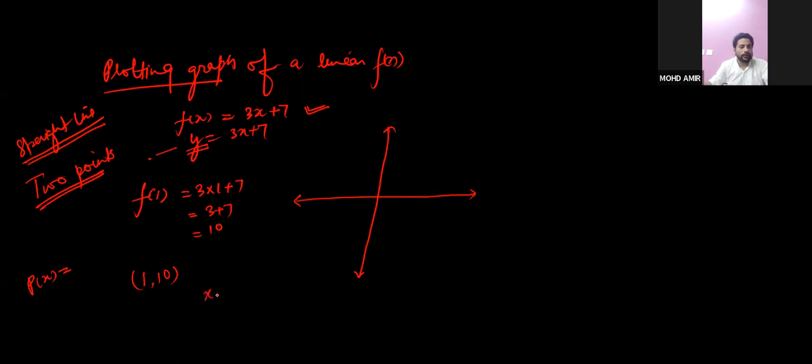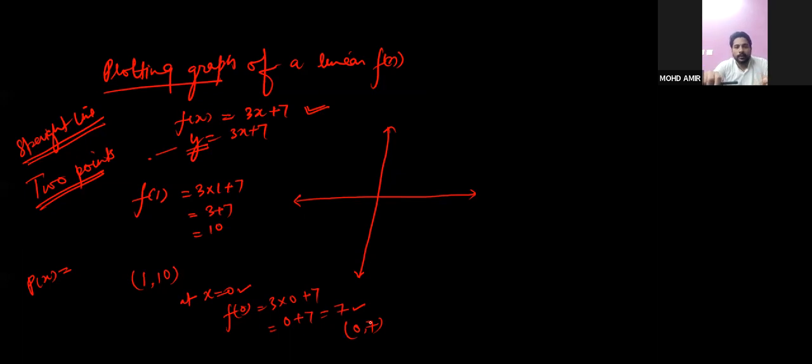Let me put x = 0. f(0) will be equal to 3 times 0 plus 7, that will be 0 plus 7, giving us 7. This point will be (0, 7). Now we have already found 2 points on the line.